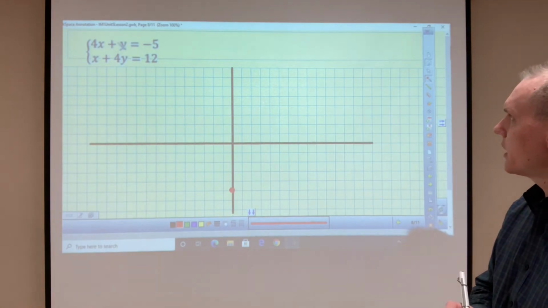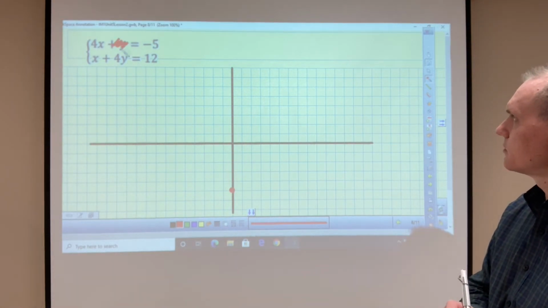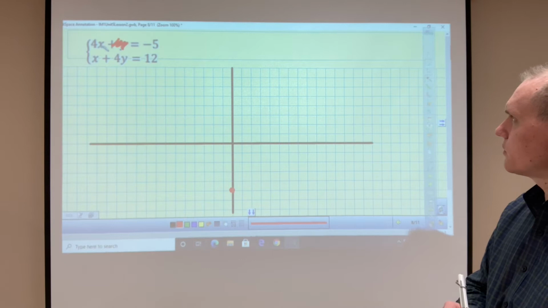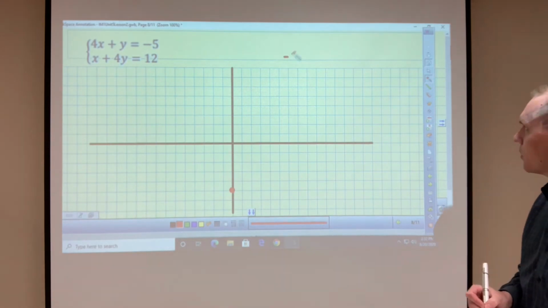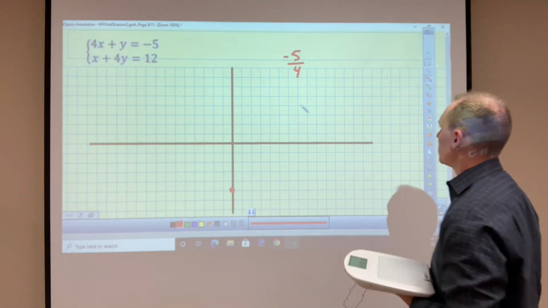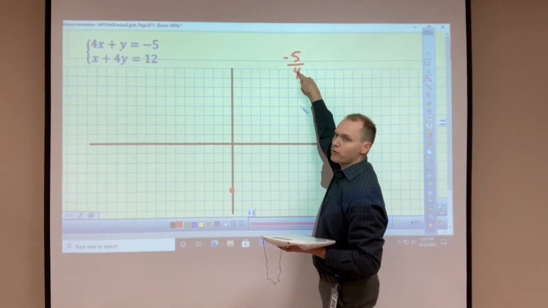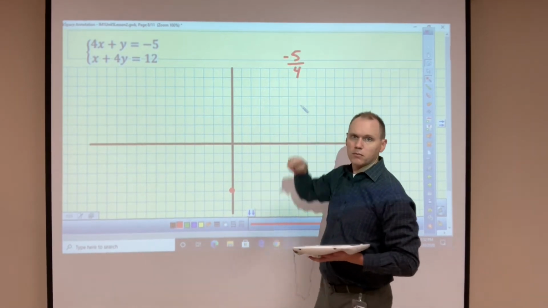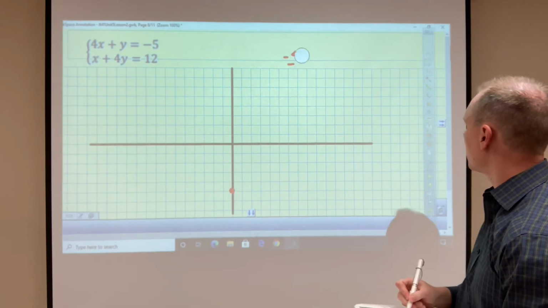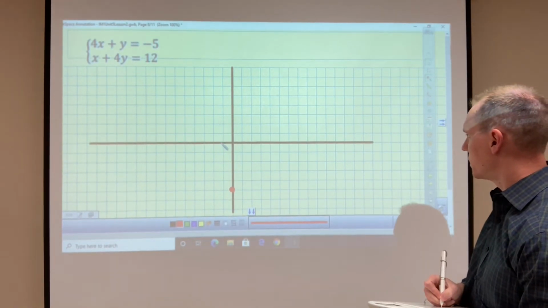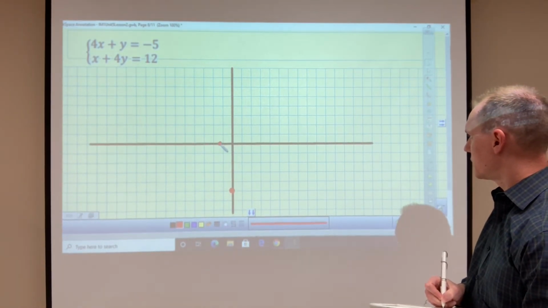Our x-intercept, if we cover up the y, if we solve for x here, we're going to get -5 divided by 4. Well, -4 over 4 would be -1, right? This is a little bit more than that in the negative direction, so a little bit less than -1. So maybe something like right here.